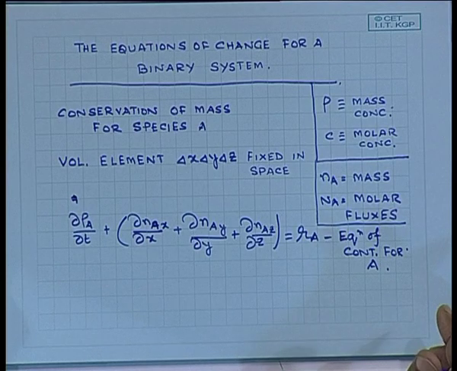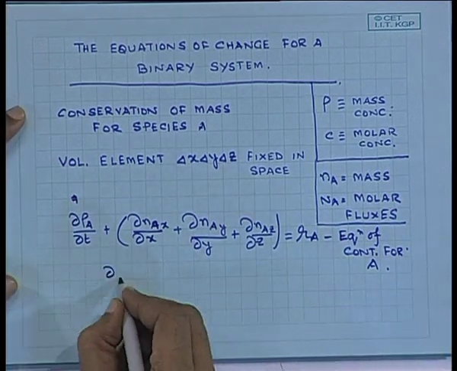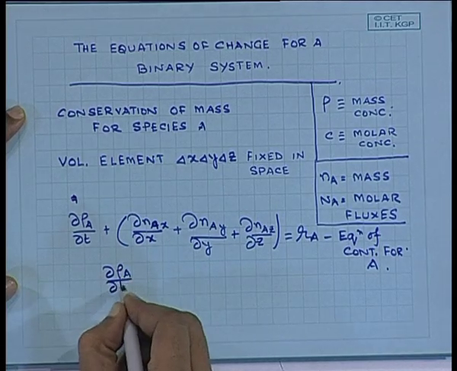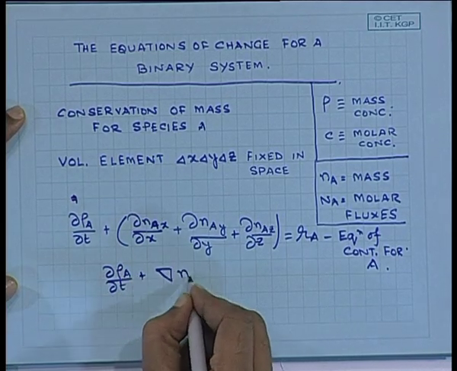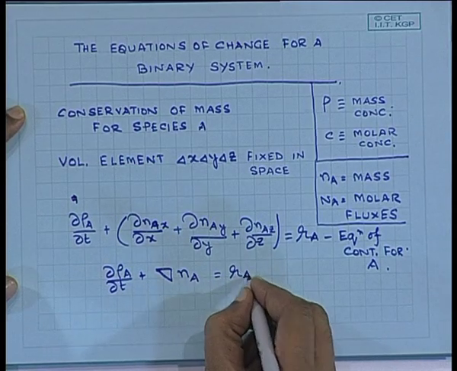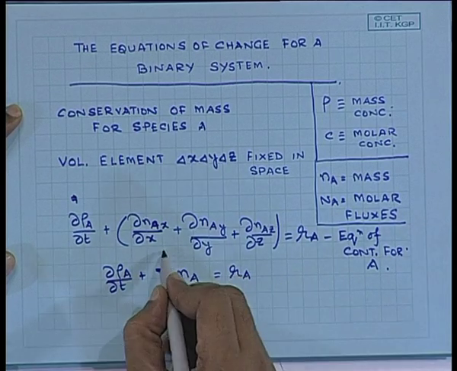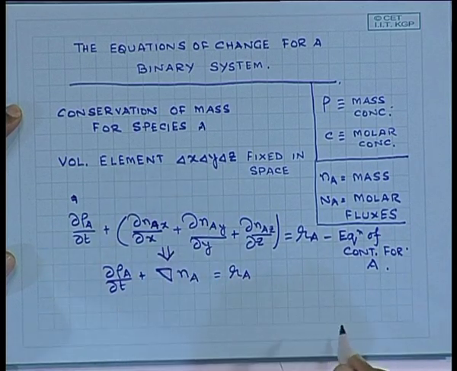So, if I would like to express this in a more compact vector form, then I would simply write del rho A del t plus divergence of the mass flux vector is equal to the reaction by which it is produced. Okay, it is nothing but a simplified form of this.